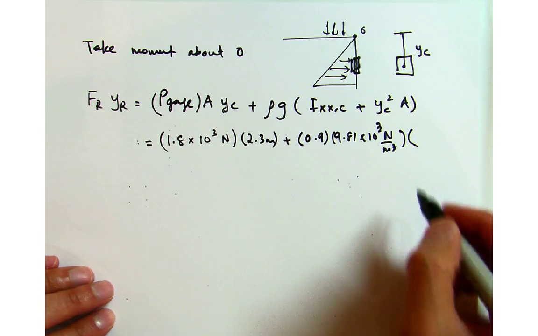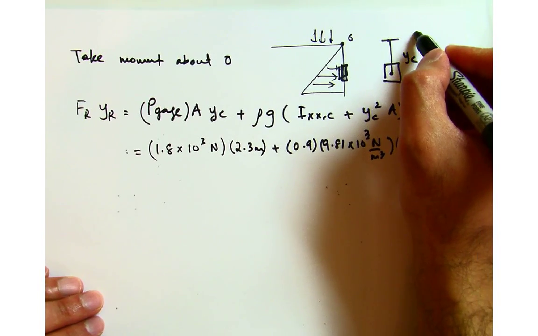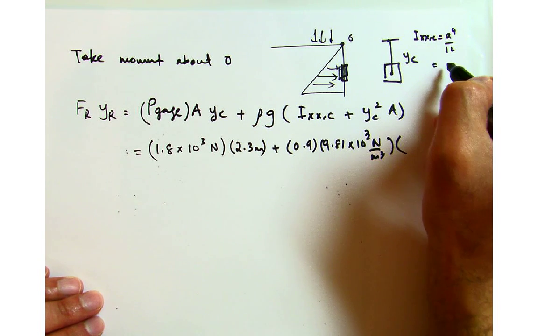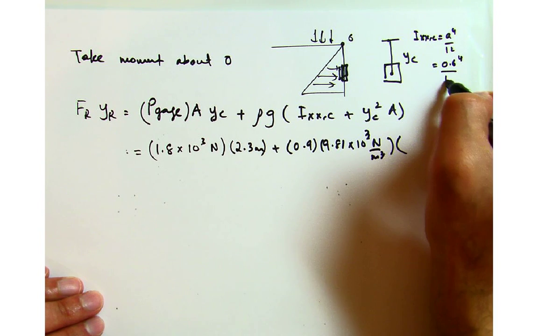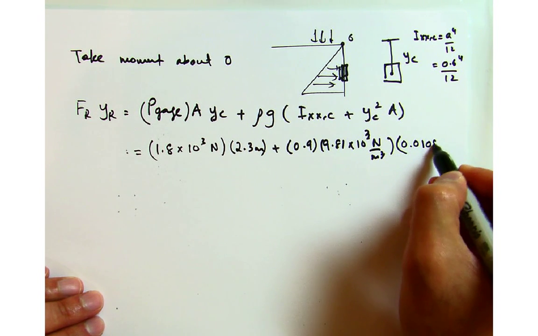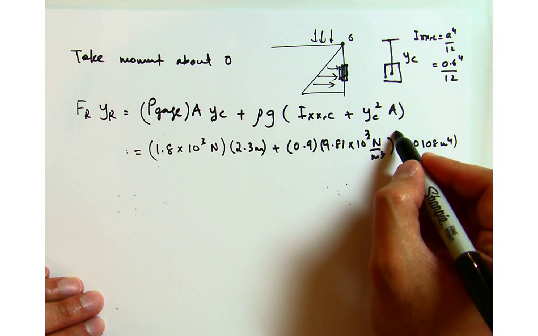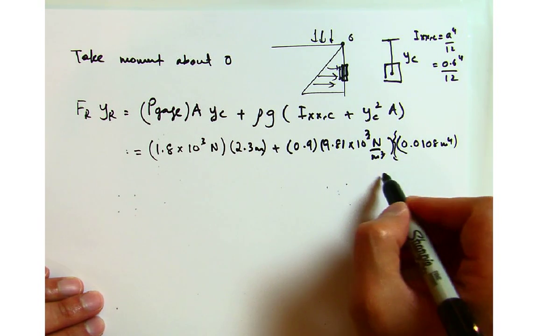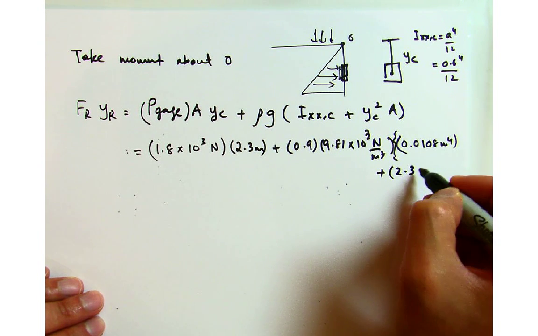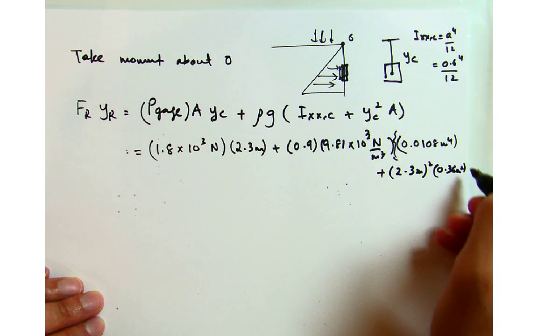And for a square shape like that, the second moment of area Ixxc is equal to a to the power 4 by 12, and in this case it's 0.6 to the power 4 by 12, and that gives us 0.0108 meter to the power 4. Everything is inside the bracket, plus 2.3 meters square times 0.36 meters square.